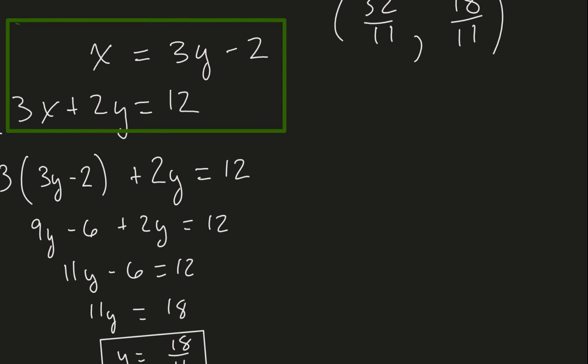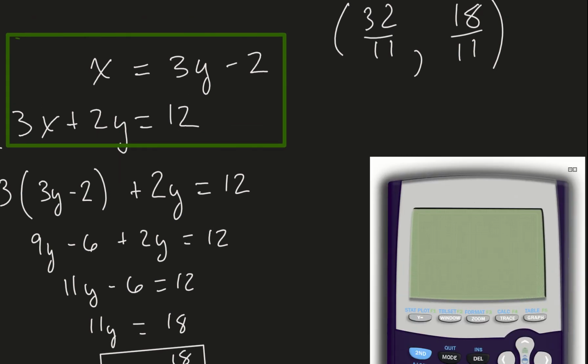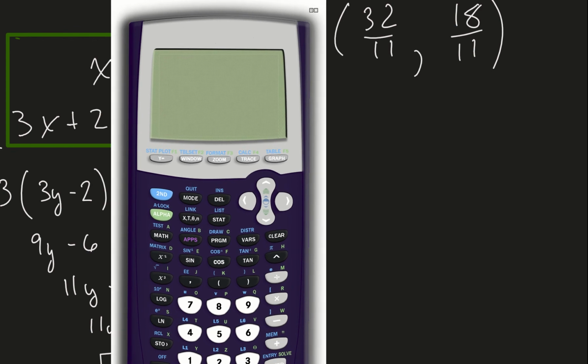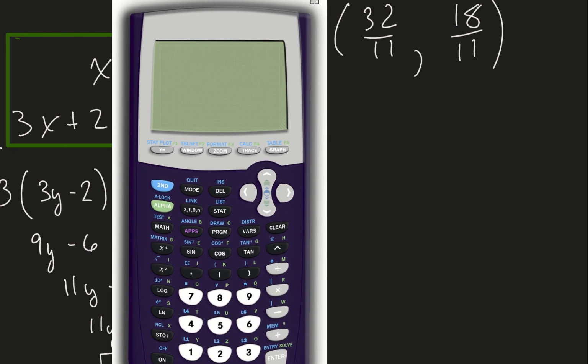And to aid in that work, I am going to use my TI-84 calculator, the virtual one. And I can see that I need the number 32/11ths and 18/11ths. One way to get those fractions onto the screen is to go ahead and just enter them as a decimal and then convert to a fraction.